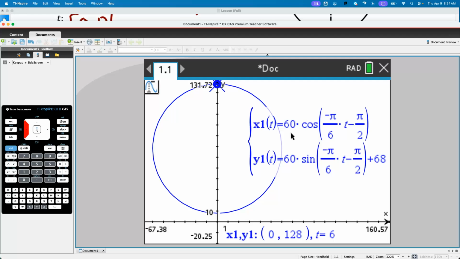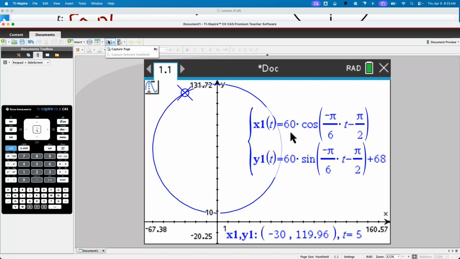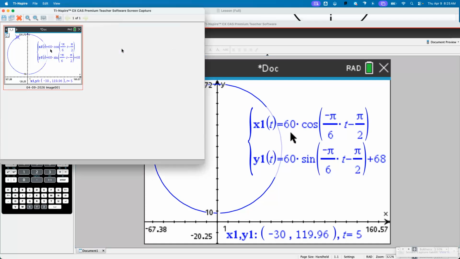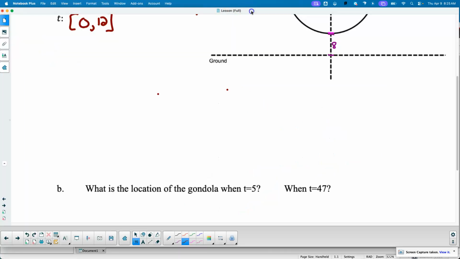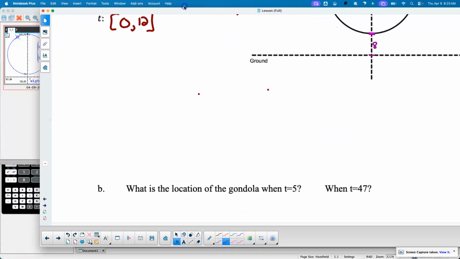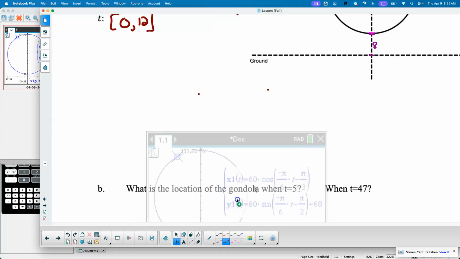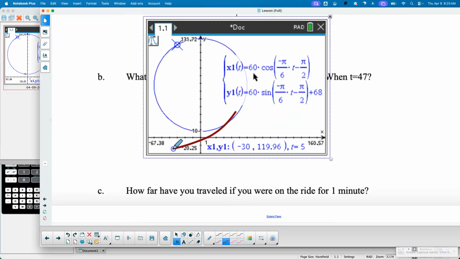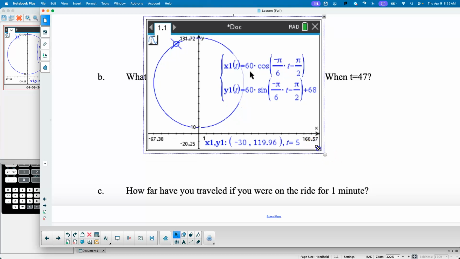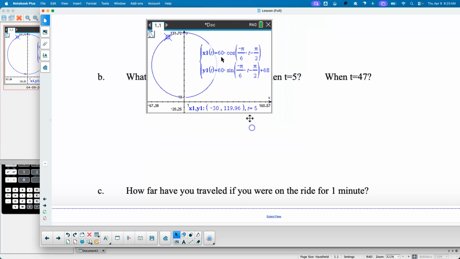So after 5 seconds, what is our position? We just type in 5. And so what would our position be then? Or more importantly, how should I write this position?